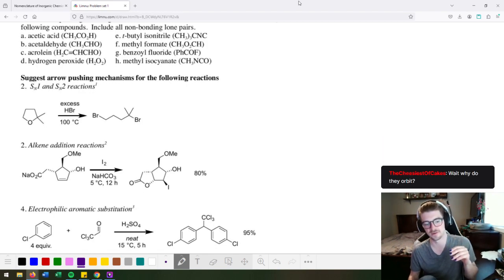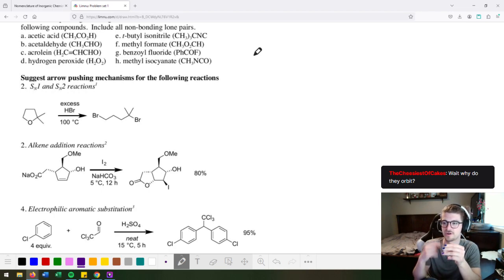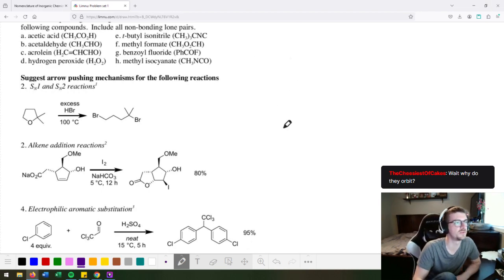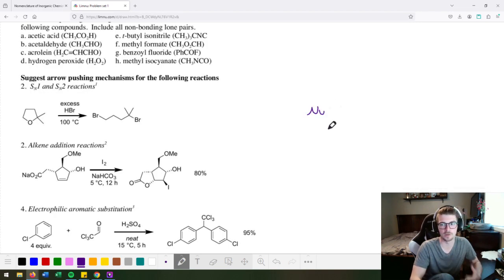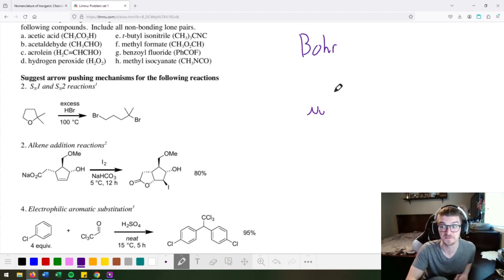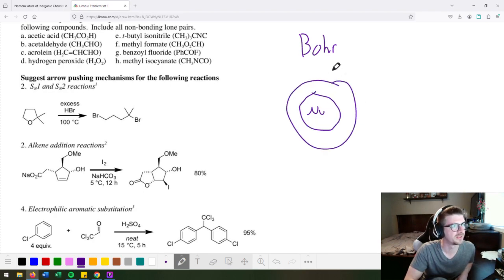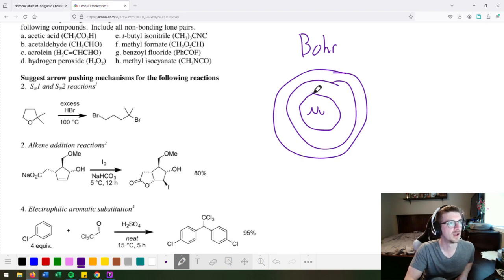You've probably seen the Bohr model of an atom from Dr. Niels Bohr, which is called the planetary model of atoms. It's got the nucleus, and then it's got these different orbitals that the electrons occupy.